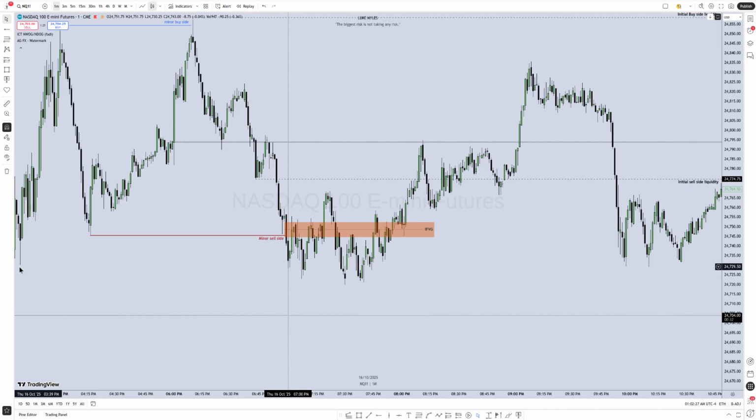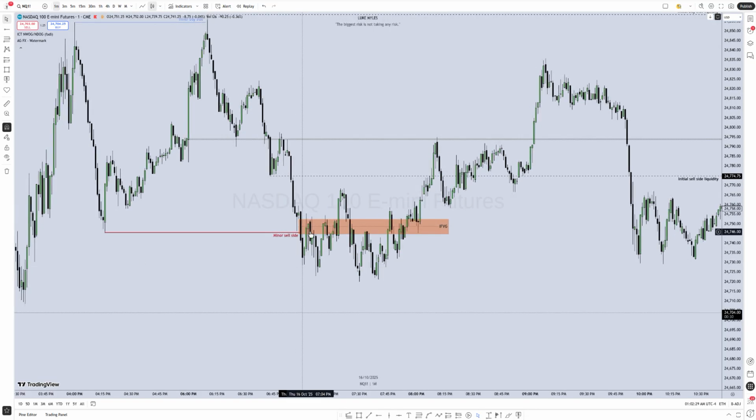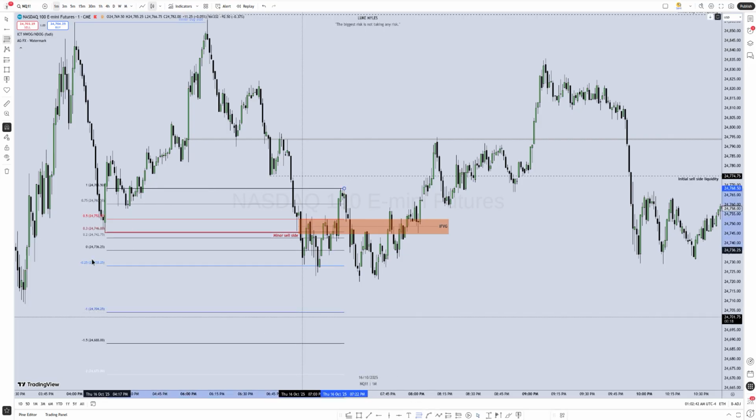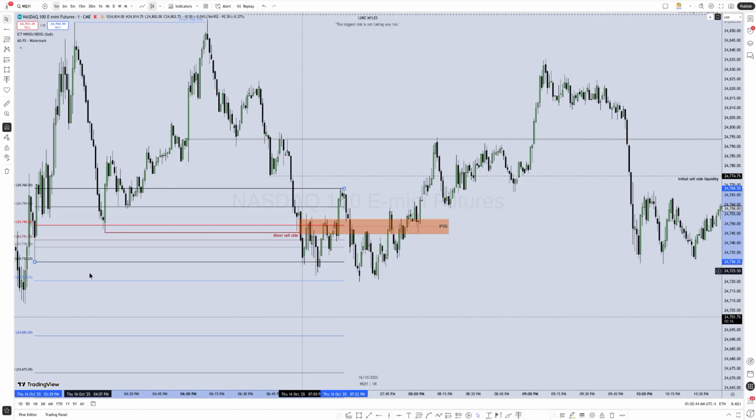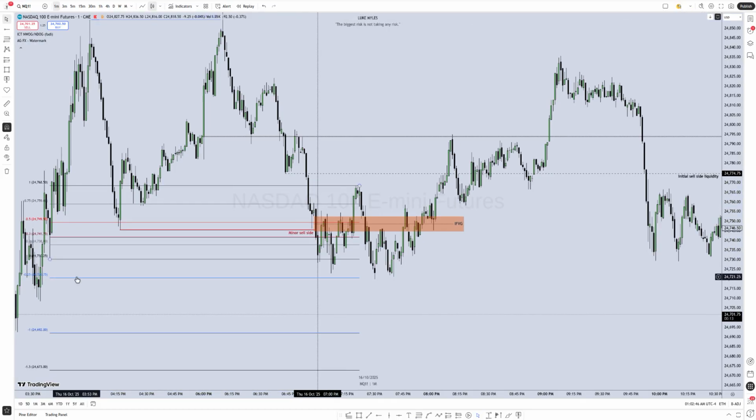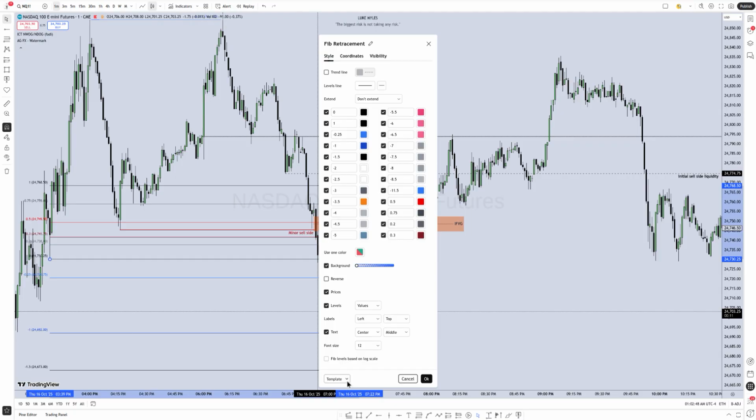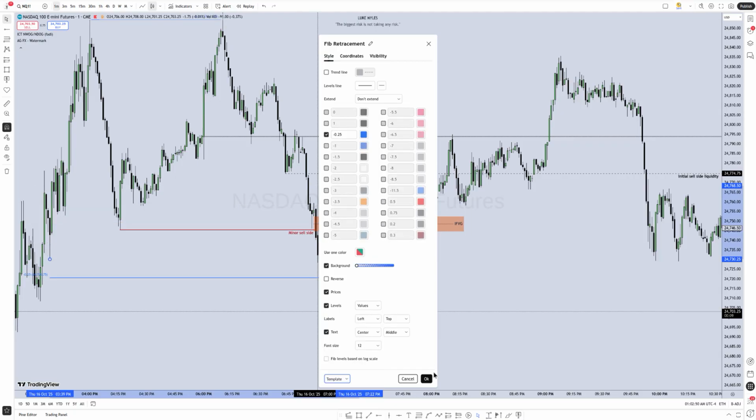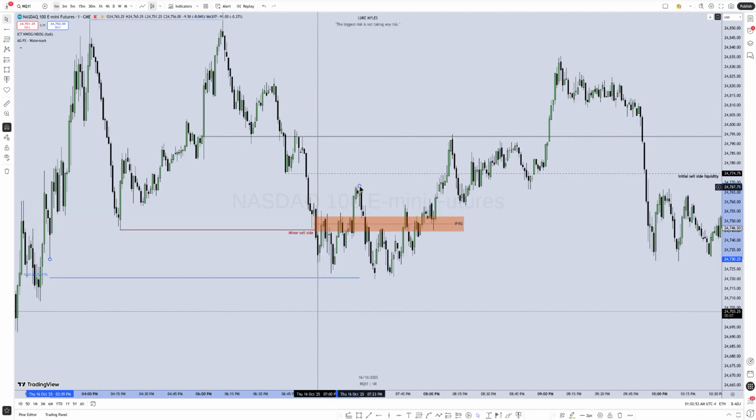Now, if I'm expecting this low to be taken out, I want the market to manipulate to a certain negative 0.5 level. So this high initiates a move that takes out this low. So measuring from that high right there to that low, extrapolated low and high, I only need the negative 0.25.